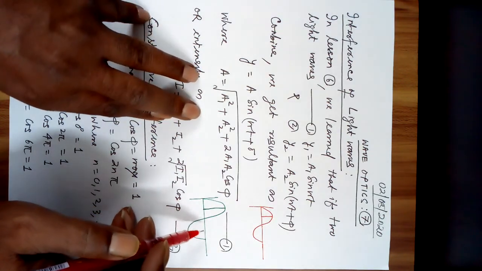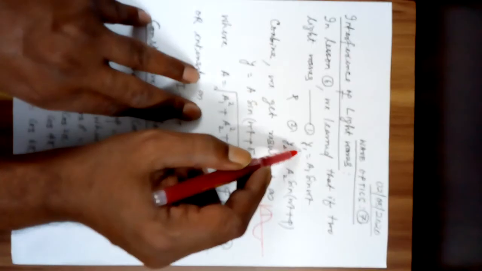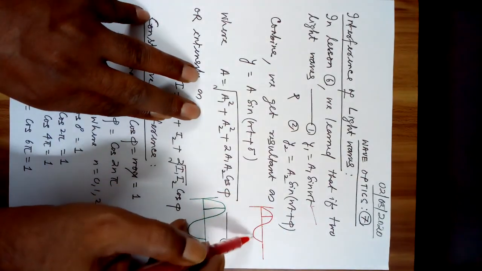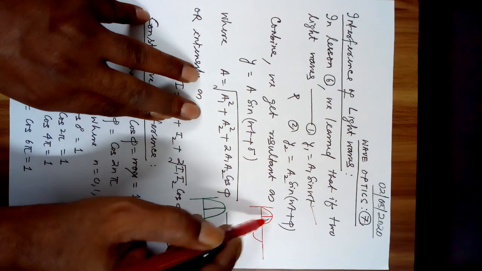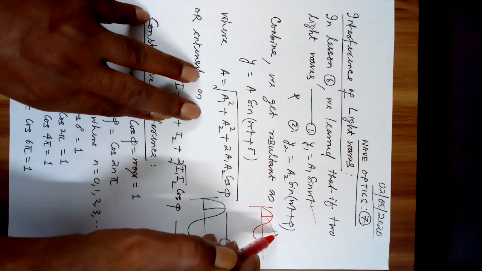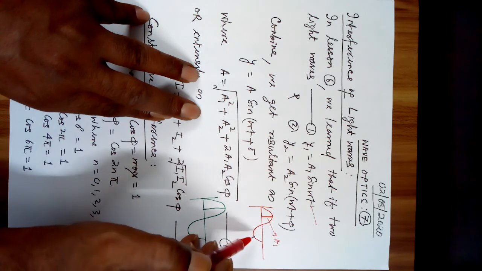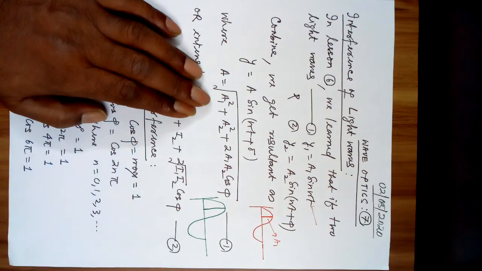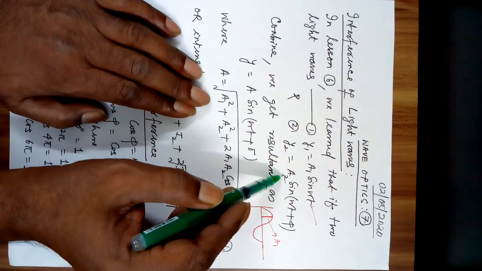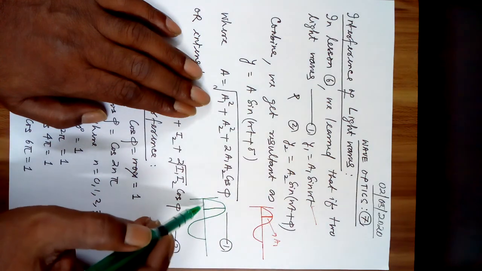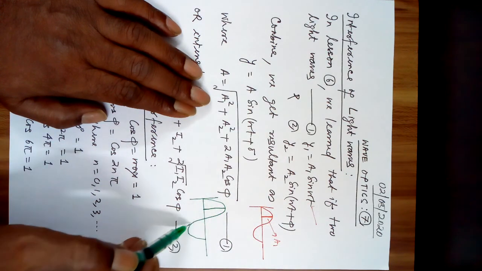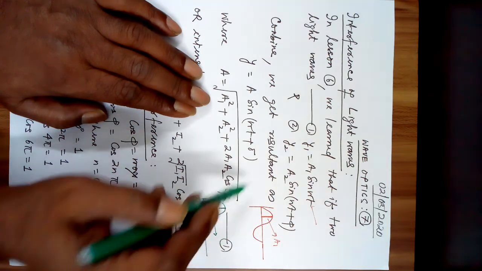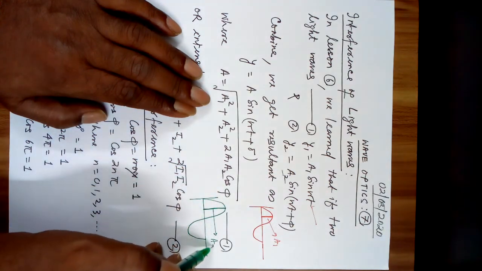It was like this: y1 is equal to a1 sine omega t was one wave, suppose this one, where from this point to this point is the maximum displacement, that is the amplitude a1, and the second wave y2 is equal to a2 sine omega t plus phi, suppose is this wave, and from this point to this point is the amplitude a2.